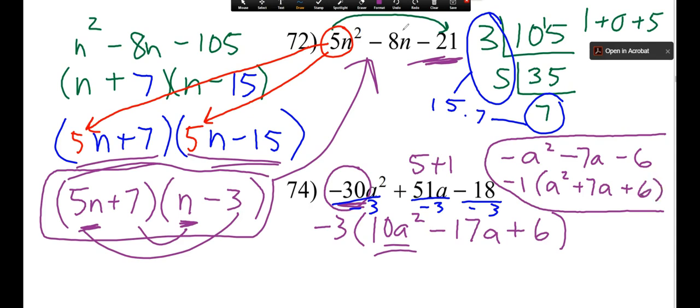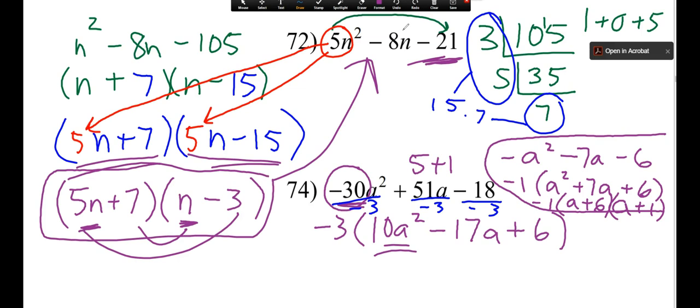So even if it's just a negative 1, pull it out and then look at what's left and say, oh, okay, yeah, I know what to do there. Yeah, that's a plus 6, a plus 1, you know? Okay. So watch for those tricks if they're going to do something like that.